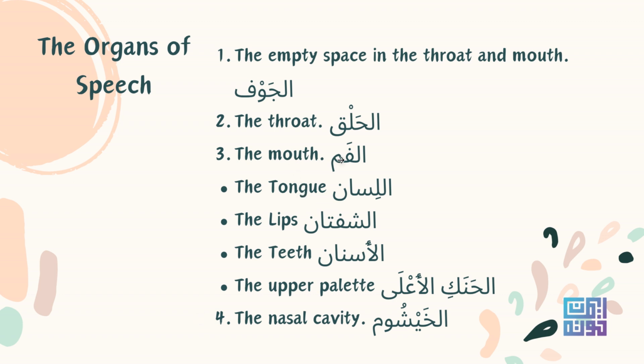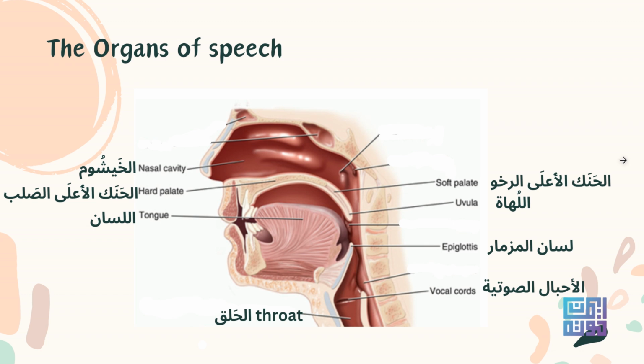So we have the mouth, al-fam, the tongue, al-lisan, the lips, al-shafatan, the teeth, al-asnan, the upper palate, al-hanaki al-a'la, the nasal cavity, al-khayshum. And we are going to have a quick look at each one of them.